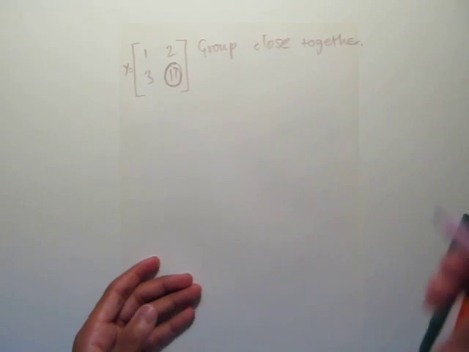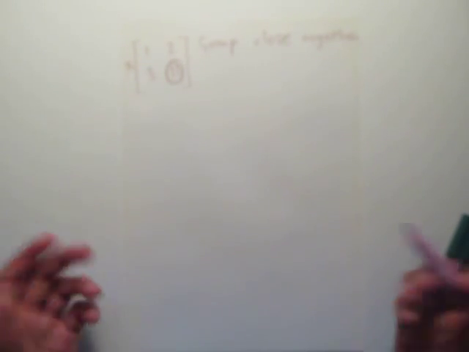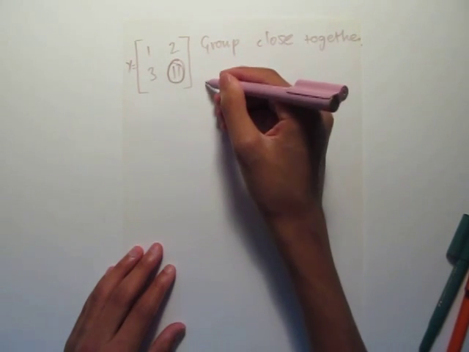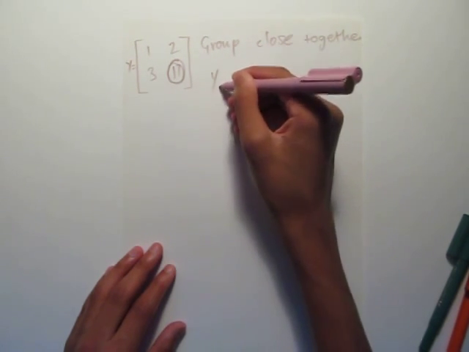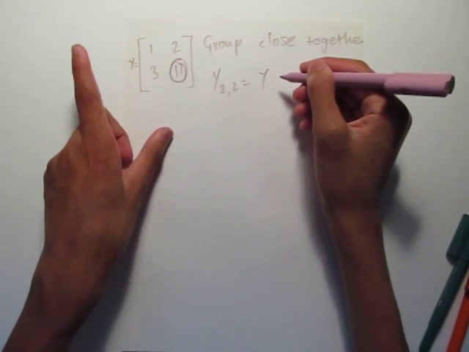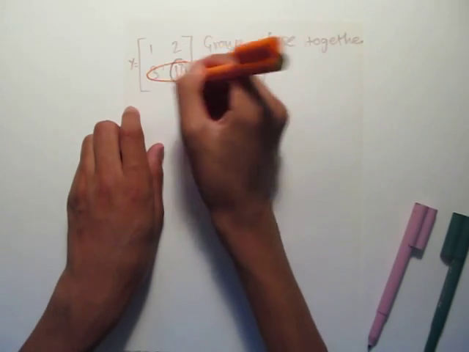Okay, and we were looking at how to identify the position of an element. So here you will be given Y 2, 2. So matrix Y, you know that. Row 2, so it's in this row here.